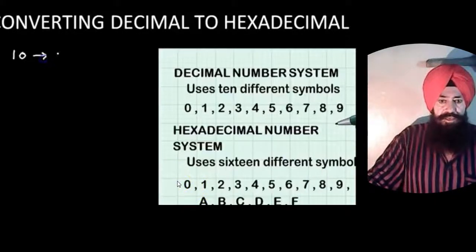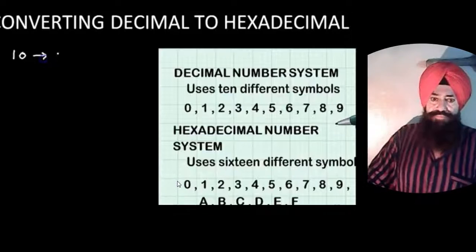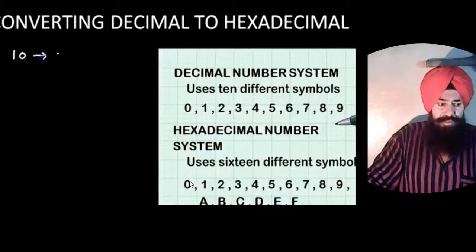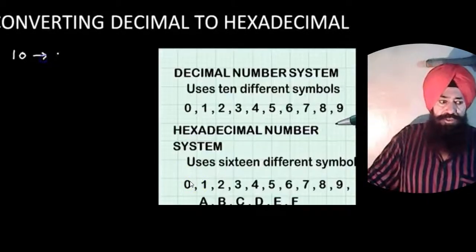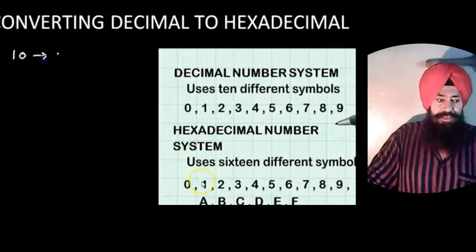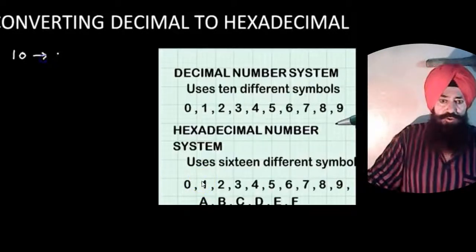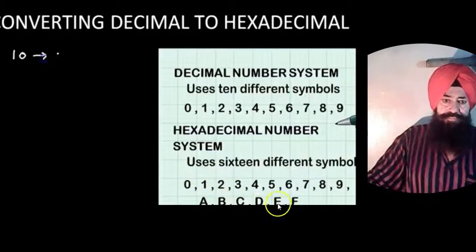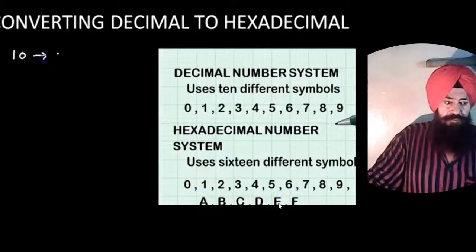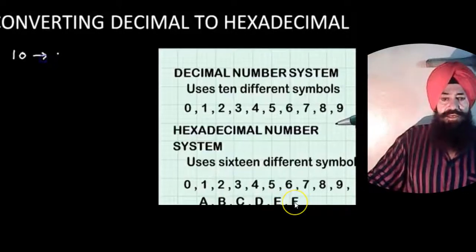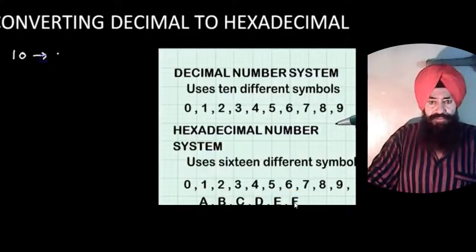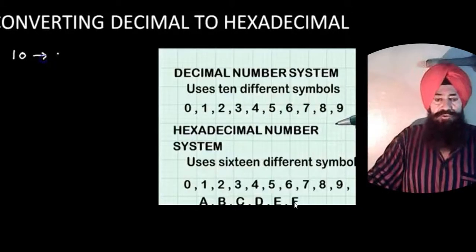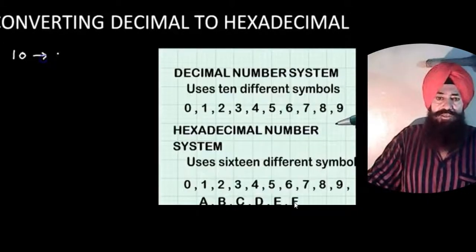A represents 10, B represents 11, C represents 12, D represents 13, E represents 14, and F represents 15. So 0 to 15 means a total of 16 symbols, right?